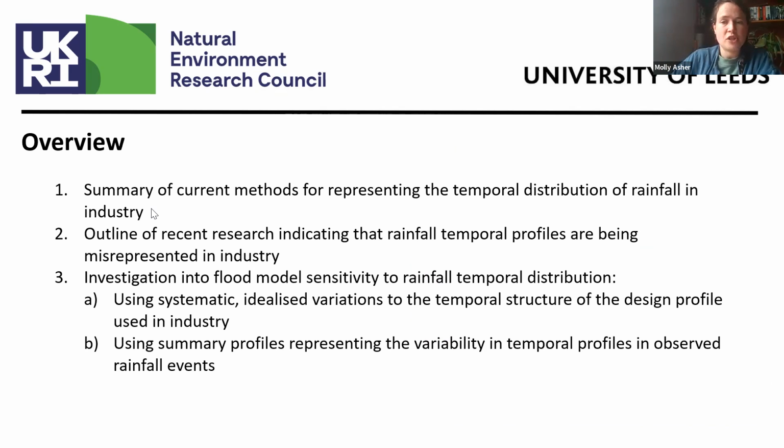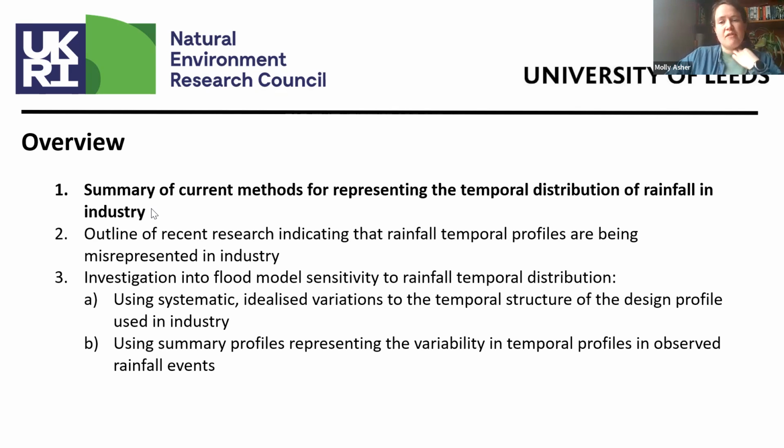I'm then going to start to talk about my research, in which I assess flood model sensitivity to the rainfall temporal distribution. And using that, hopefully, I'm going to provide some evidence that this misrepresentation of storm temporal profiles does influence the resulting flood risk, and that this is something that the flood modelling community should maybe be interested in.